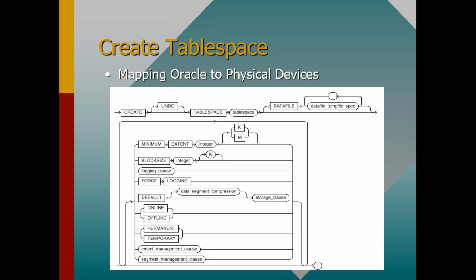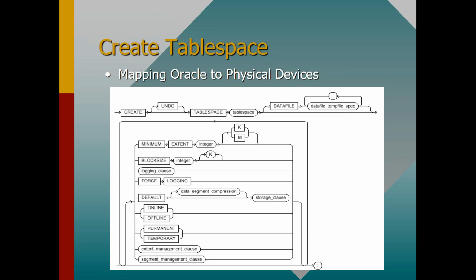So the way we create a table space is we use the create tablespace command, the DDL create tablespace command. So we specify the name of the table space. We can specify unlimited number of data files. And we can then provide information on the storage parameters. How many minimum extents, block size, and so on.